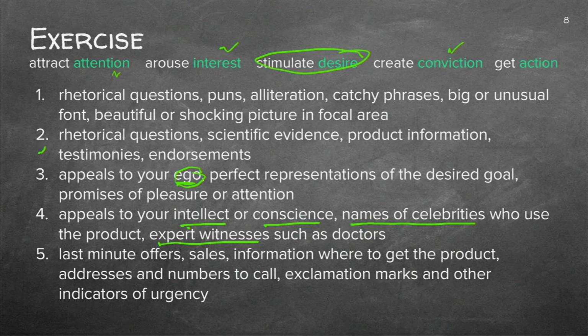Right, my attention has been attracted, my interest has been aroused, I now desire the product. Now they convince me that this product is the best, is the right thing. So all of these things, number 4, can create conviction that should you go out and buy this product, it is the correct one to choose.